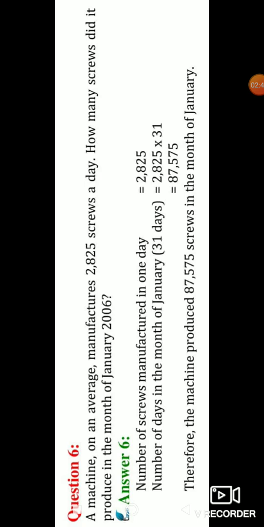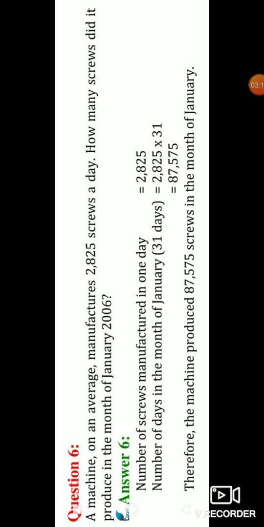So here you have to multiply the number of screws manufactured in one day, 2825, with the number of days in the month of January, that is 31.